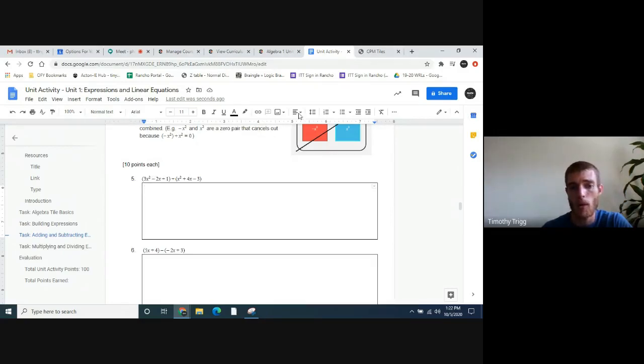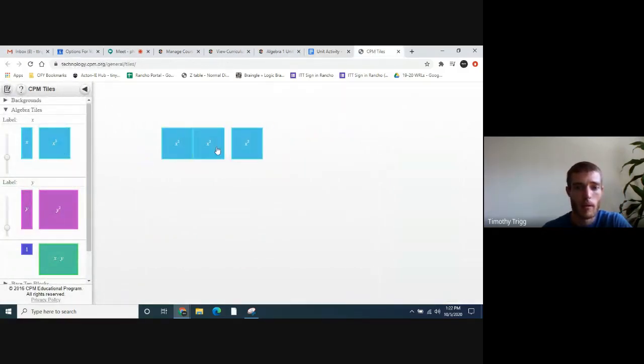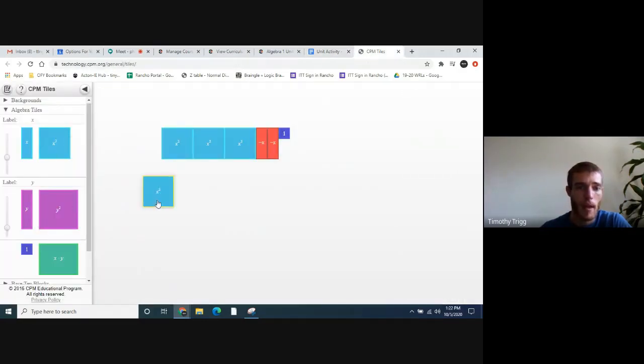So we have 3x squared minus 2x plus 1. 3x squares, minus 2x, so we're going to make these negative, and plus 1. And the next one is x squared plus 4x minus 3. X squared plus 4x and minus 3. So these unit tiles will be negative.